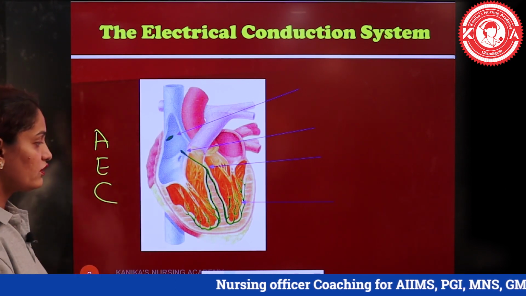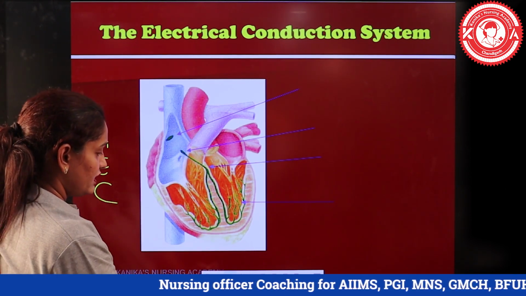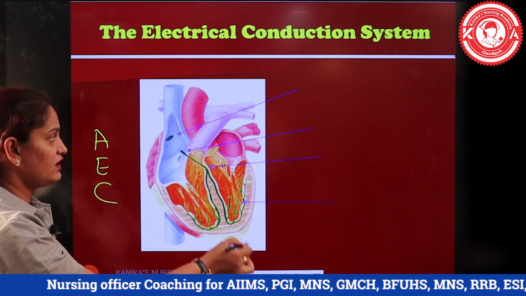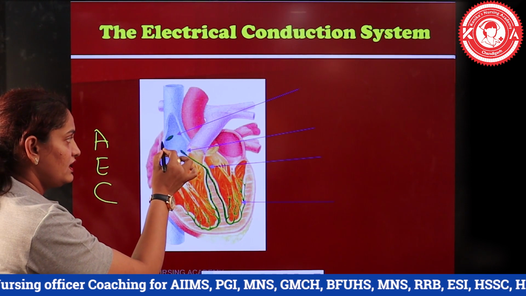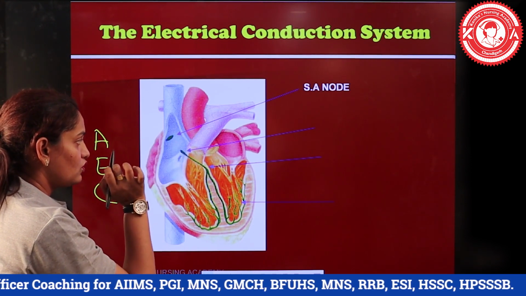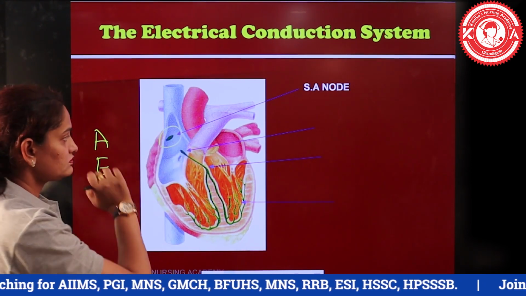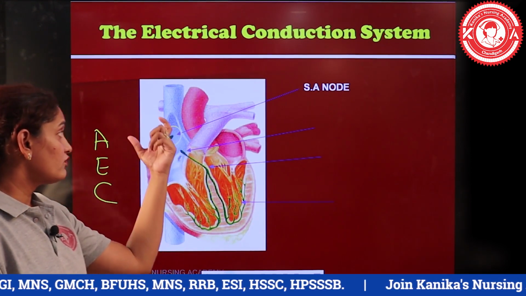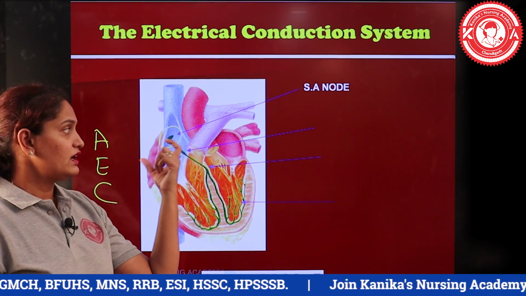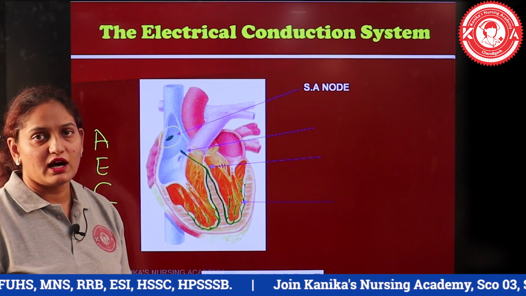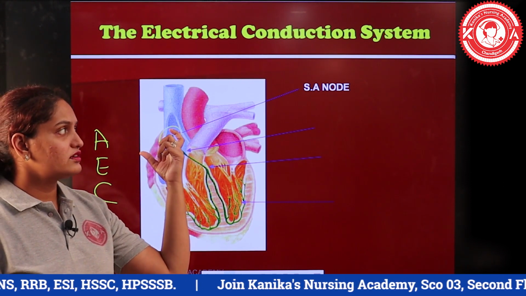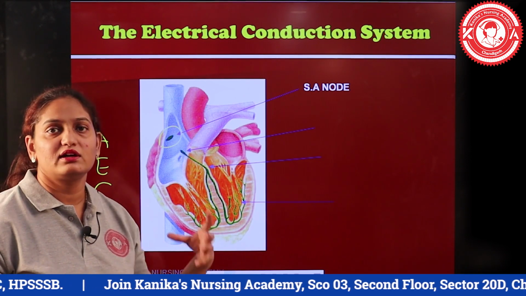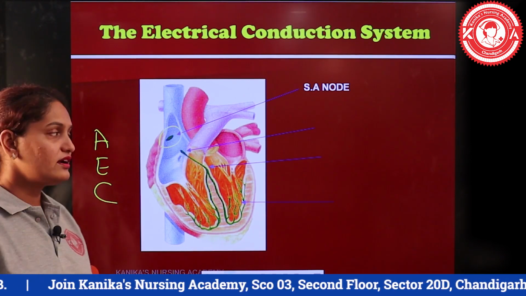What we can identify from this image, there are a few arrows mentioned here. We'll discuss it one by one. The sinoatrial node, which is located at the upper junction of the superior vena cava and the right atrium, is the natural pacemaker of the heart, and it is mainly responsible for generating the electrical impulse for the cardiac conduction system to get initiated.